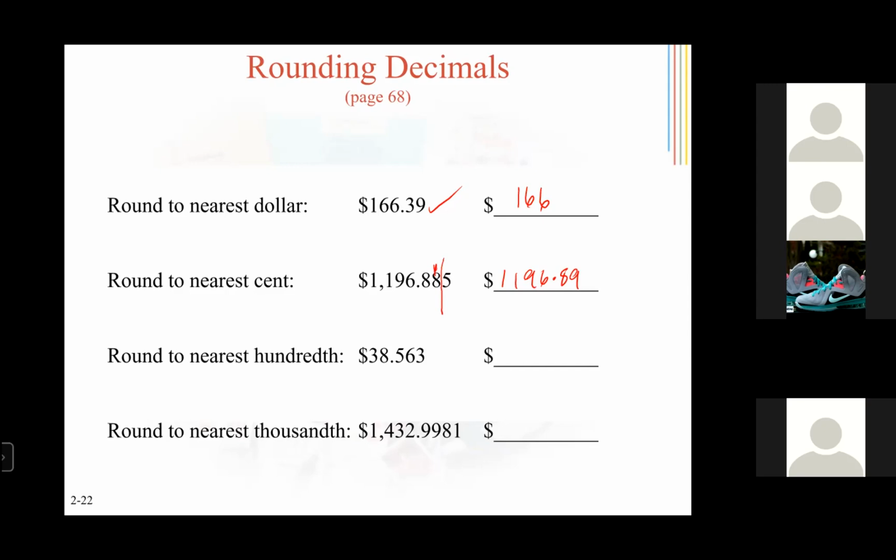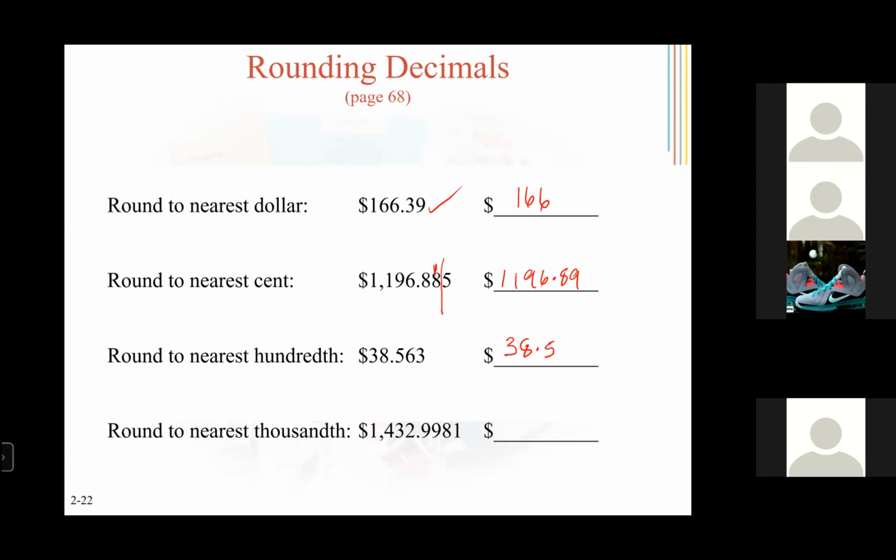Okay, the next one says round to the nearest hundredth. That would be $38 and 55 cents.